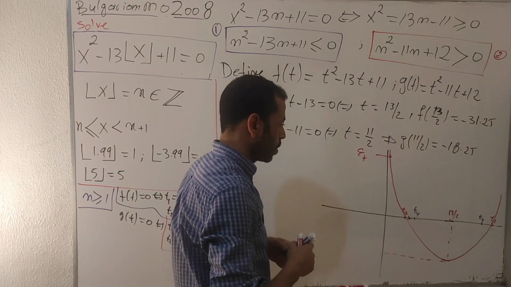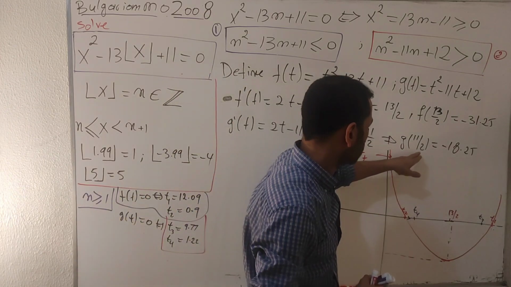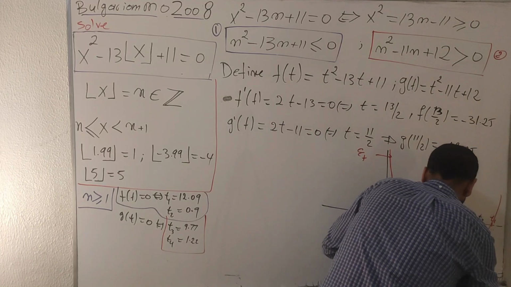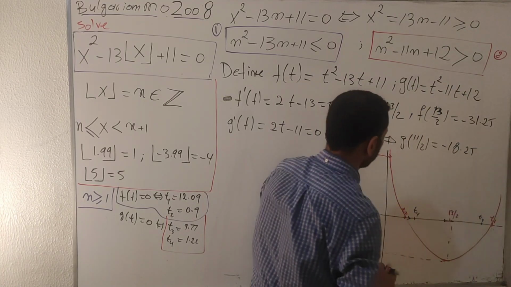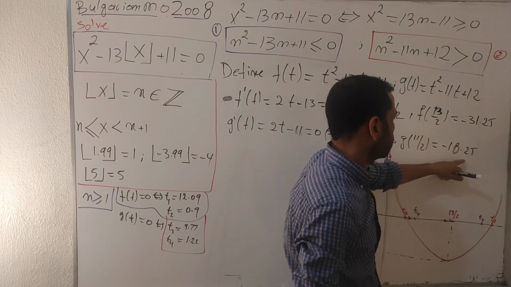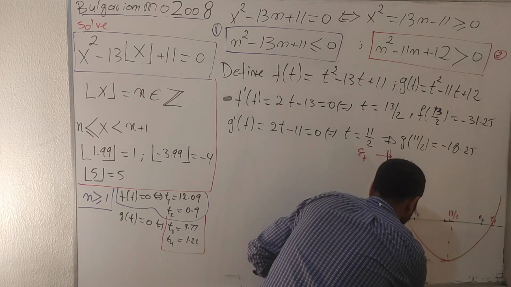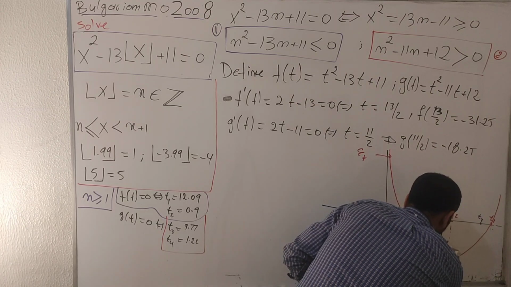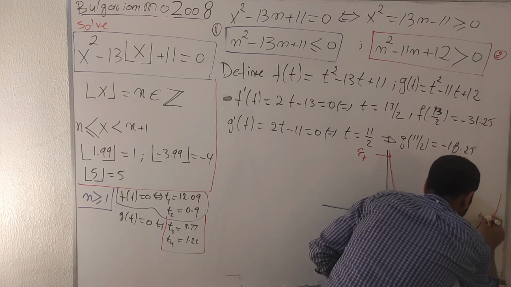Then for this one I get 11 over 2, which is 5.5. It's going to be almost at this point. So the output of this one is minus 18.25, which is going to be around here at this point. I will have also an upward-facing parabola.